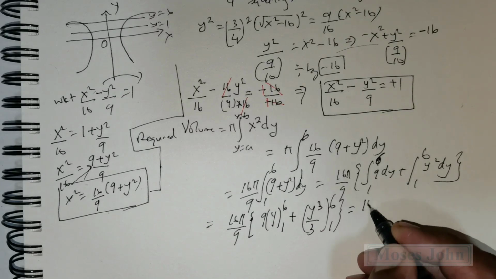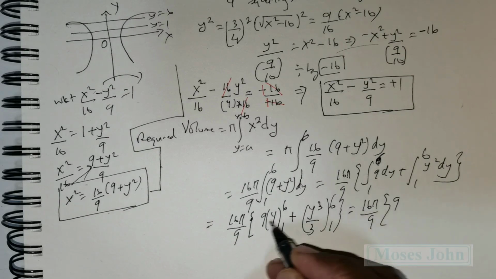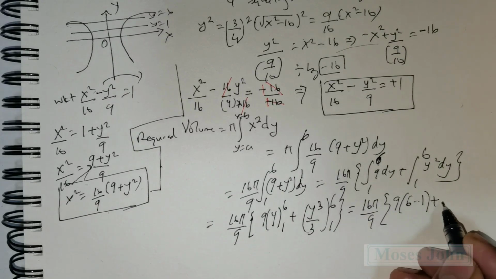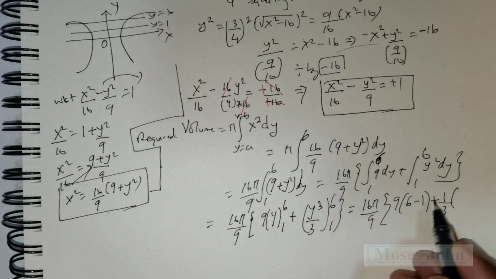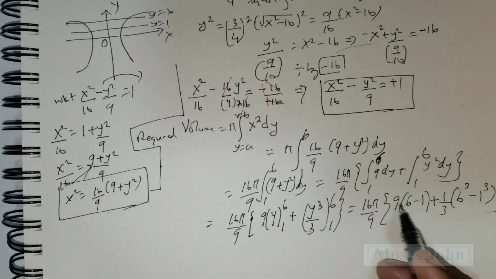So this is equal to 16 pi over 9 times 9 of, substitute the upper limit, subtract the lower limit, followed by 1/3, substitute the upper limit, 6 cubed, followed by subtraction of the lower limit, 1 cubed.